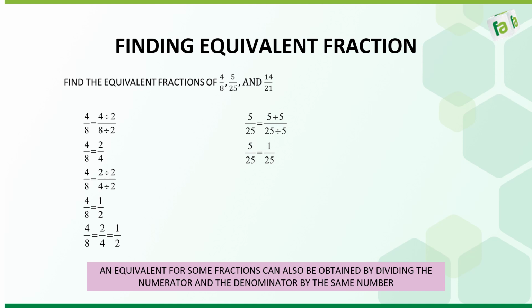For 14 by 21, by dividing numerator 14 and denominator 21 by 7, we get 2 by 3. Therefore, 14 by 21 is equal to 2 by 3.